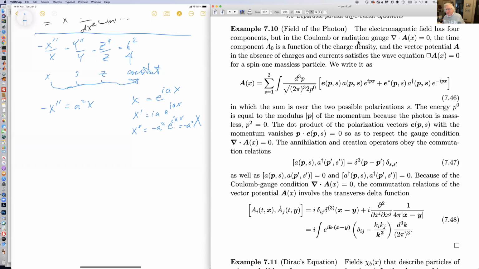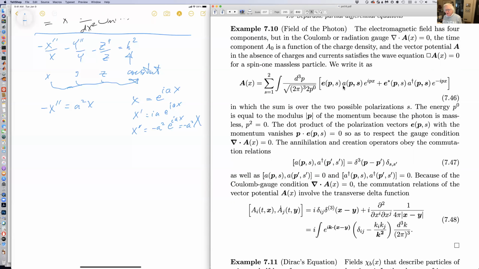It's also called the radiation gauge. And it says the divergence of the transverse part of A vanishes. That means that the time component is a function of the charge density, and the vector potential in the absence of charges or current satisfies this wave equation. In any event, the electromagnetic field can then be written this way.